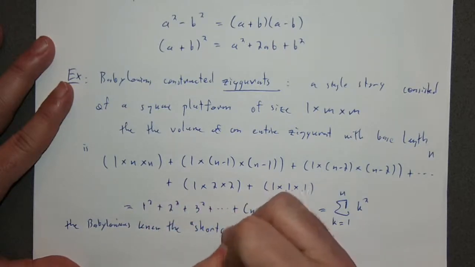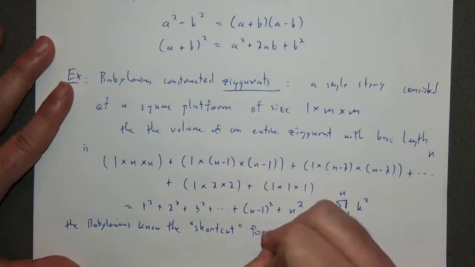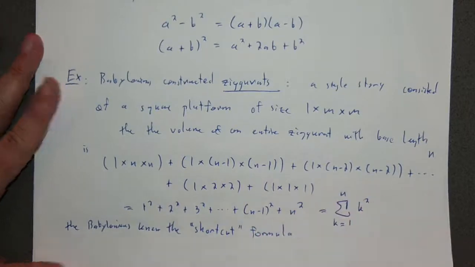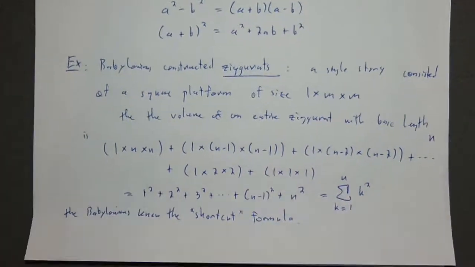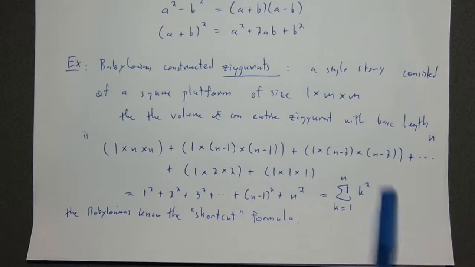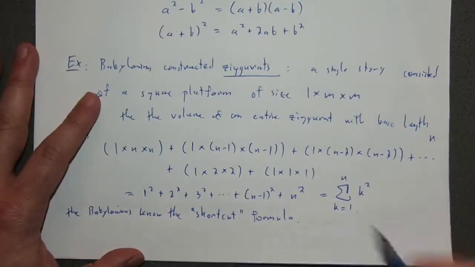If you've ever had any course that involved basic proofs, this is the stuff that you start with because it's an easy way to use induction. Mathematical induction proves some of these facts pretty quickly, and it's very straightforward. Of course, the Babylonians didn't do that, but they knew this shortcut formula anyway.